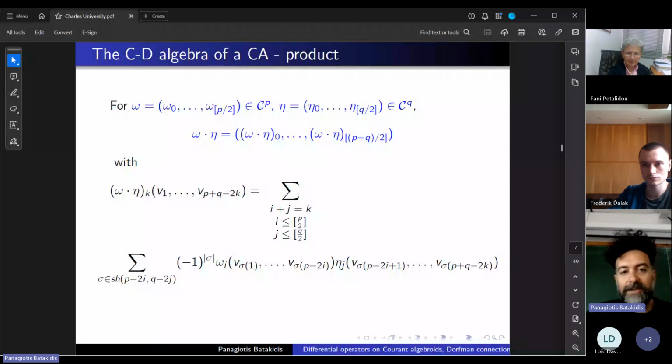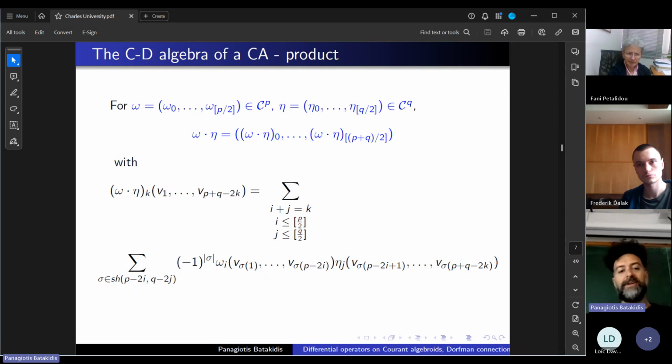And each one of these terms, from omega times eta naught up until the last one, is defined by some kind of shuffle slash convolution product that you see here. I'm just writing down the formula to see it. I will not do any calculations with it in the talk, but it's not that strange. That's my only point.